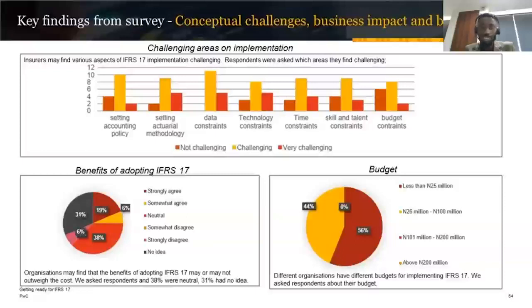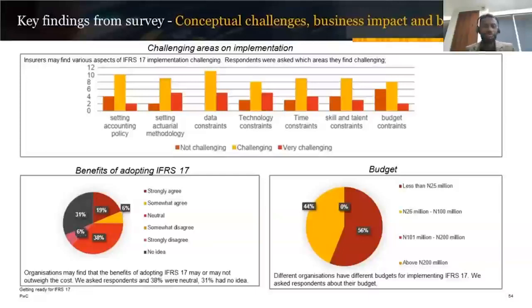About 31% of the industry have not started at all the IFRS 17 program. 31% have only had in-house training, meaning about 62% of the industry have only had trainings on IFRS 17, and 31% of the industry have done work ranging between gap analysis and financial impact assessment, and just 6% of the entire industry has gone on to the design phase where they are now trying to design their systems and their processes and their target operating model to suit their IFRS 17 programs.